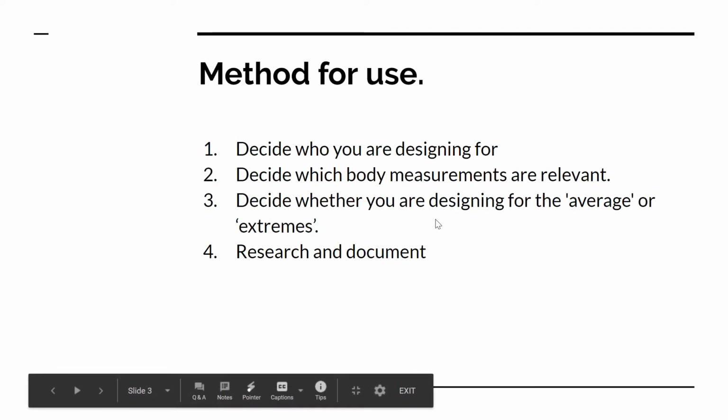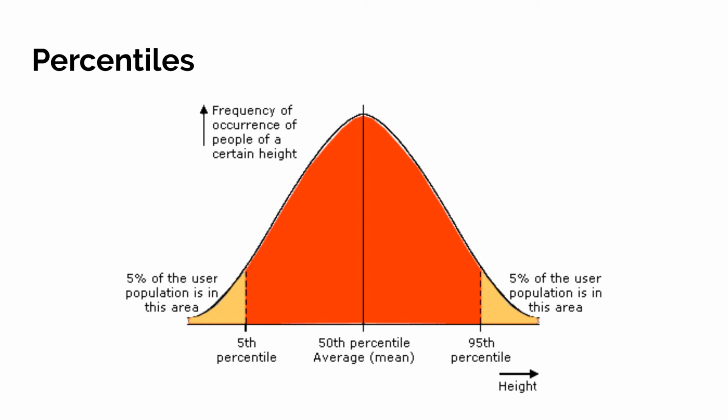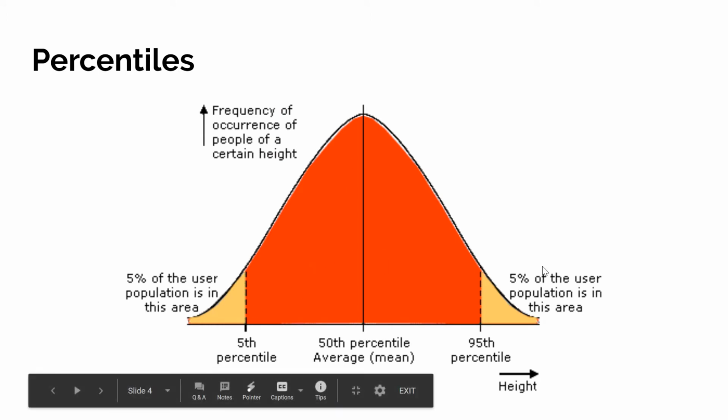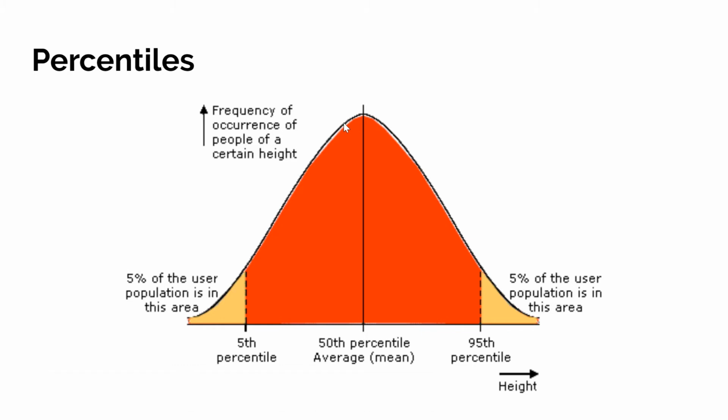Just focusing on number 3 quickly, you may see graphs a little bit like this, and this shows you a 50th percentile. Now that is the mean, the average, so if you take all the data that has been collected in whatever resource that you use, and then you average it, that'll be the average height. Most products are designed around the 50th percentile, so that the mass of population can use it.